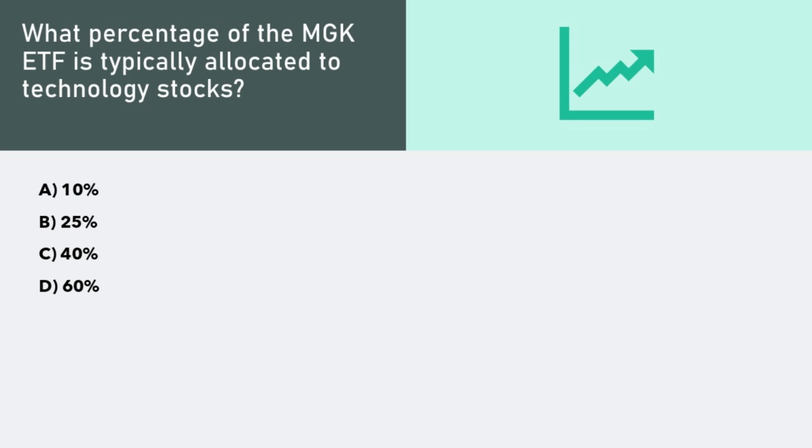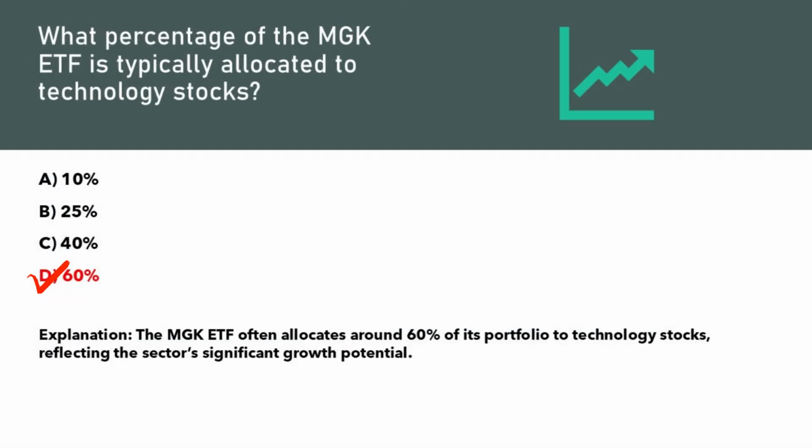What percentage of the MGK ETF is typically allocated to technology stocks? Answer: D. 60%. Explanation: The MGK ETF often allocates around 60% of its portfolio to technology stocks, reflecting the sector's significant growth potential.